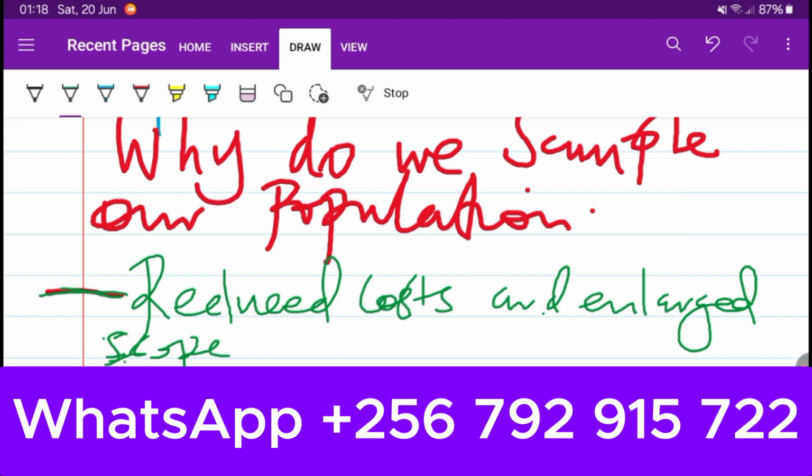When we take up a small portion of the entire population, we are able to study that small number of units or items that we have selected from the population. We study them as we compare them to the entire population.